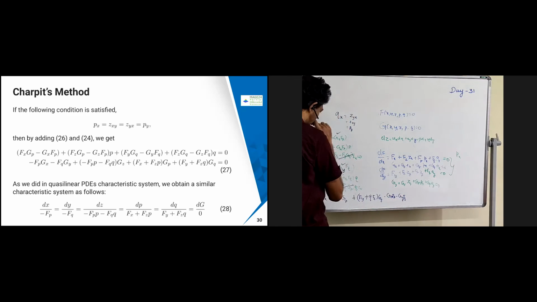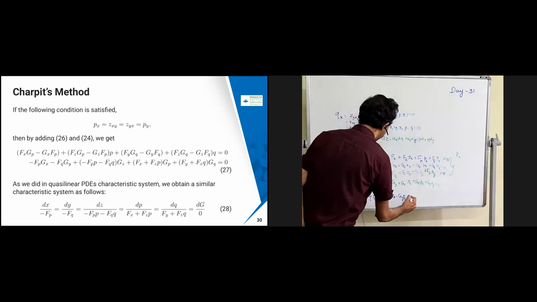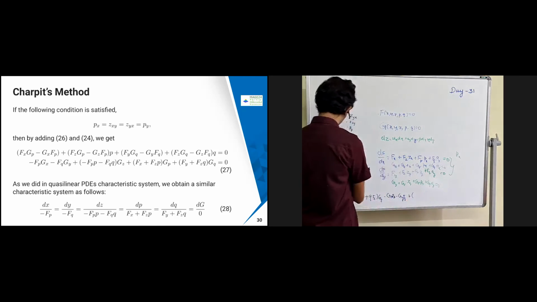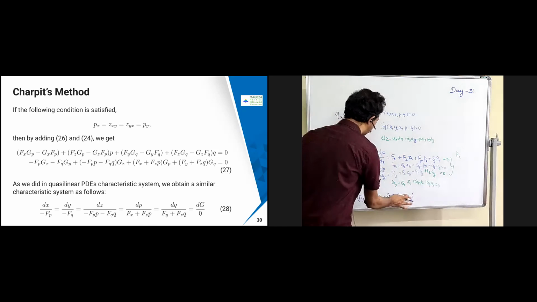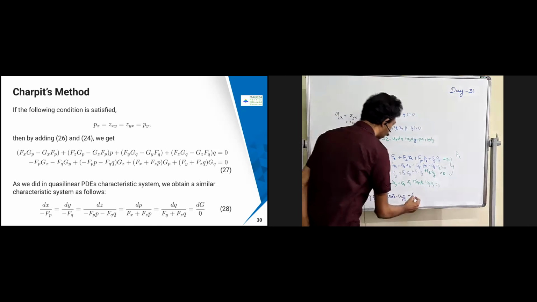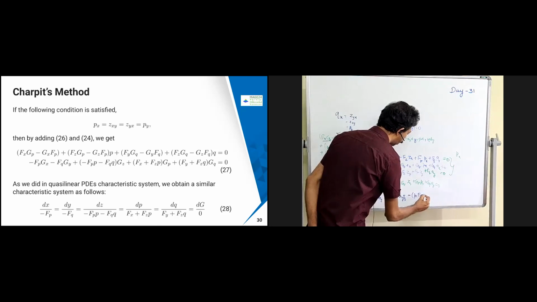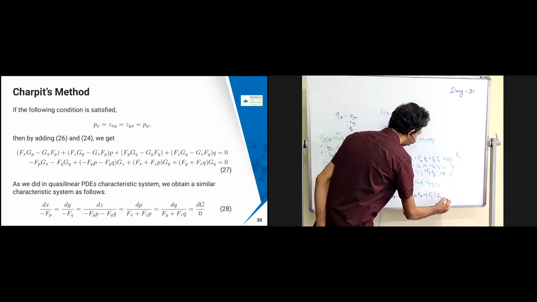This is done. Only these two terms are remaining. From this one I have gz common. If I take gz common here, minus is there in both cases, so I'm going to put minus over here. Then I'm going to have p into fp plus q into fq into gz is equal to g.